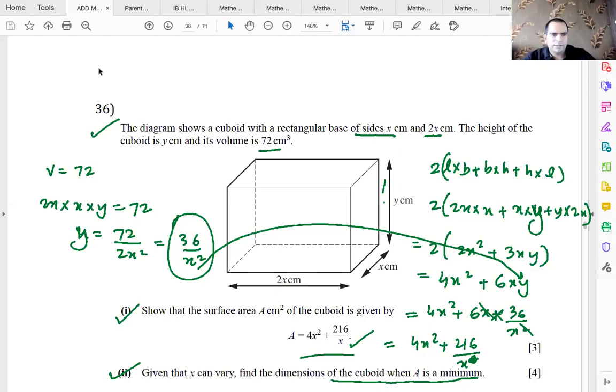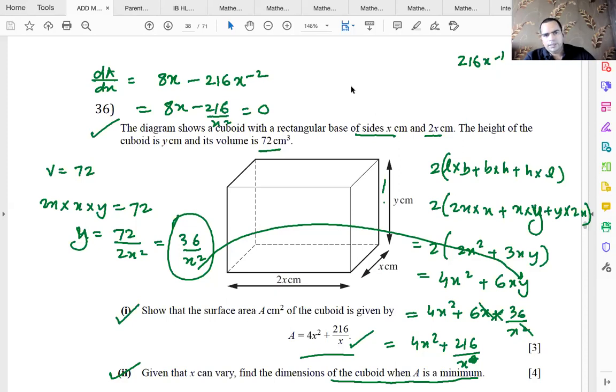So when you find the derivative of A, dA/dx, the derivative of 4x squared will be 8x, and for 216 over x, first you modify it as 216 x raised to minus 1, so it'll be minus 216 x raised to negative 2. So it'll be 8x minus 216 over x squared equals 0.